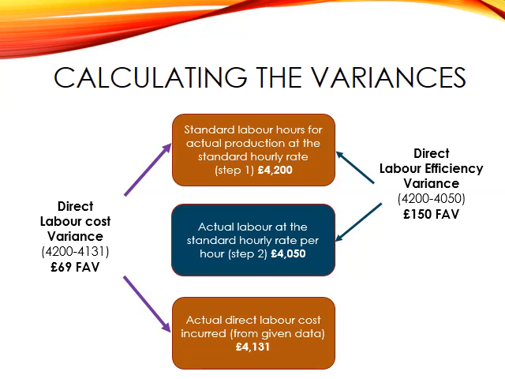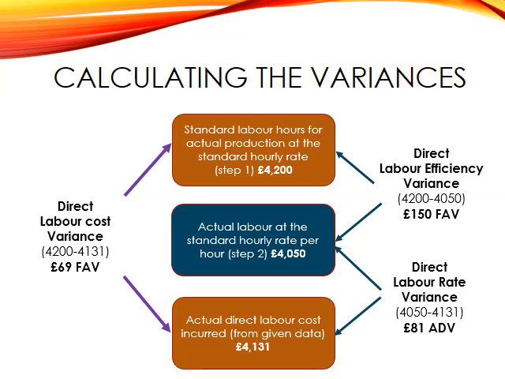Lastly, we can now calculate the rate variance, and this is going to be the difference between the actual labour hours at the standard hourly rate and the actual labour cost. And here we've got a variance of £81, and this is adverse because we must have paid our direct labour at a slightly higher rate per hour than the standard rate per hour.